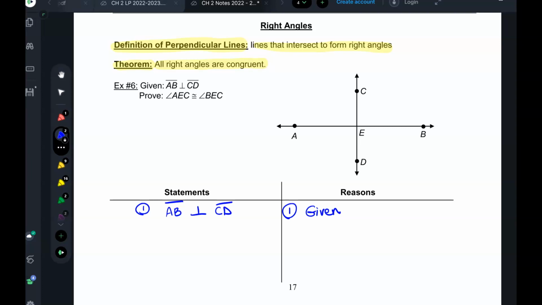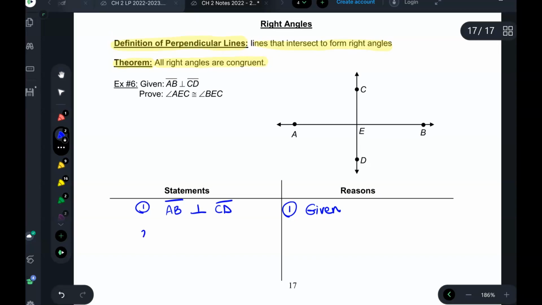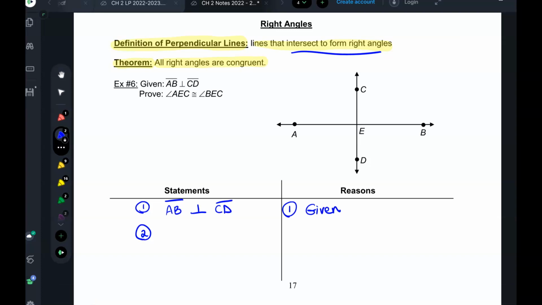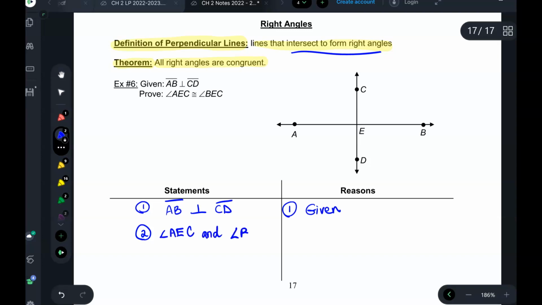What do perpendicular lines tell us? The definition of perpendicular lines says lines that intersect to form right angles. That is all I can say at this point. I can only say angle AEC and angle BEC are right angles.